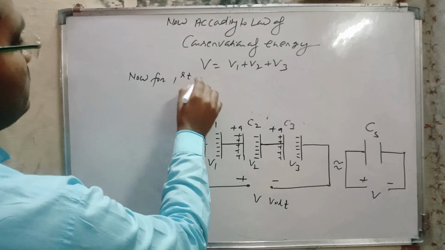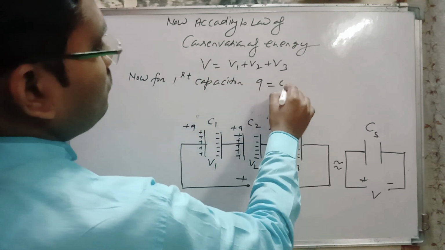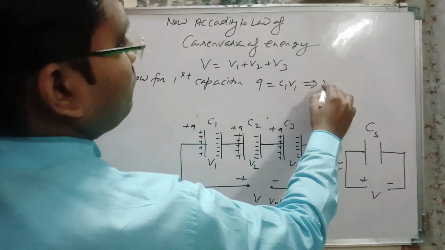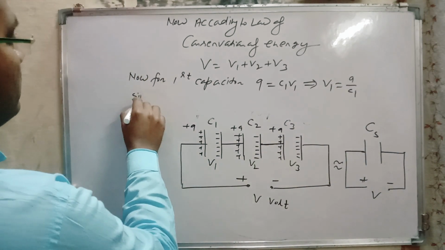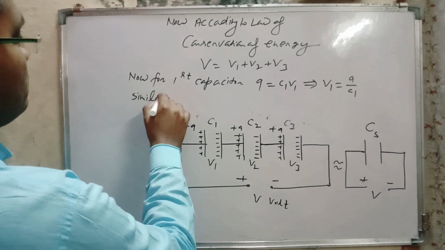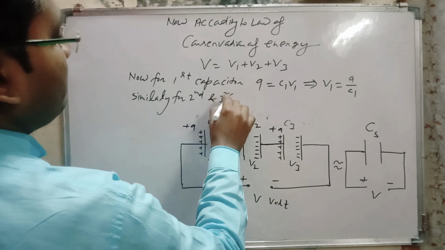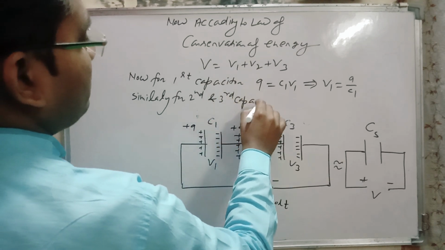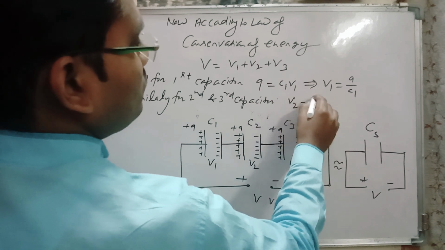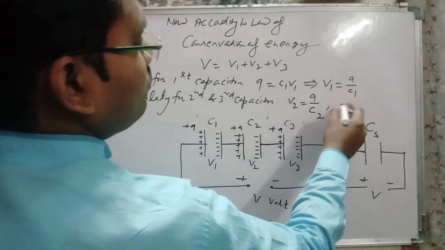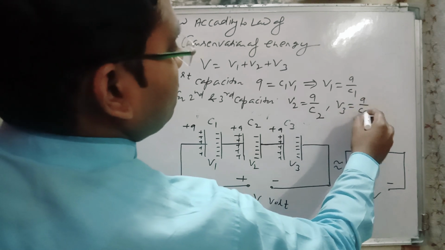Now for the first capacitor, Q is equal to C1V1, therefore V1 is equal to Q divided by C1. Similarly for the second and third capacitors, V2 is equal to Q divided by C2, and V3 is equal to Q divided by C3.